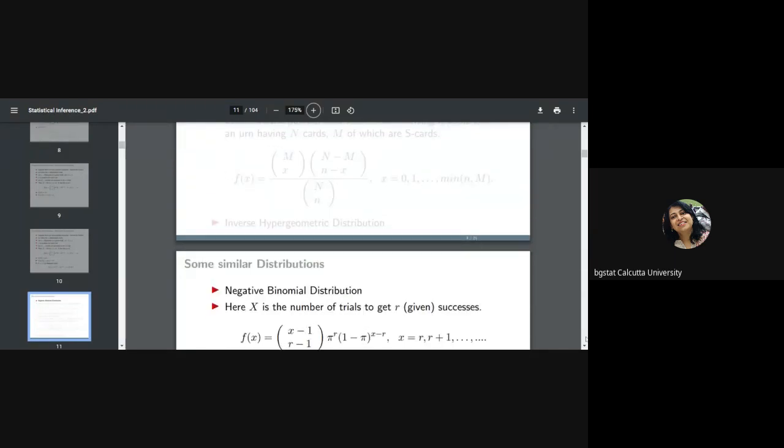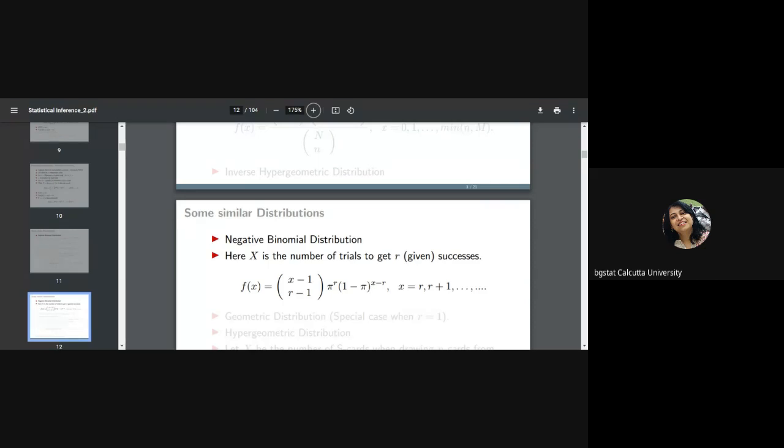We next define what is called a negative binomial distribution. My setup is the same: I have a trial which can result in any one of two outcomes, either success or failure.